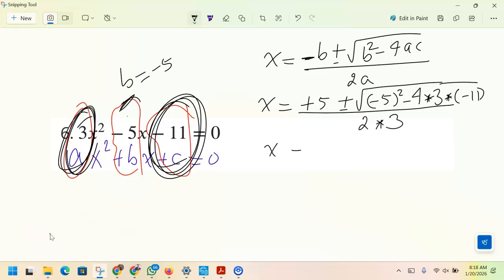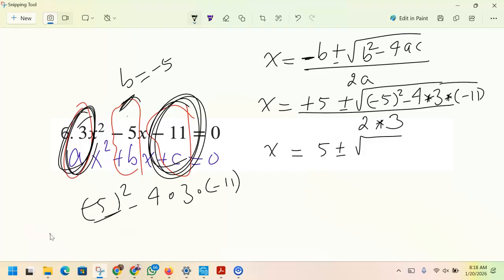A lot of work there. We need to know what the radicand is, so we have to do a little scratch work. Let me write this again here. -5 squared is 25.